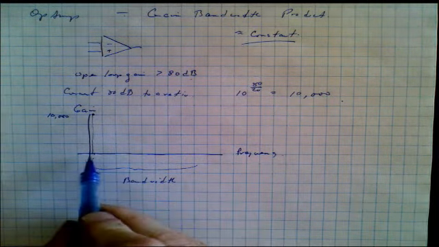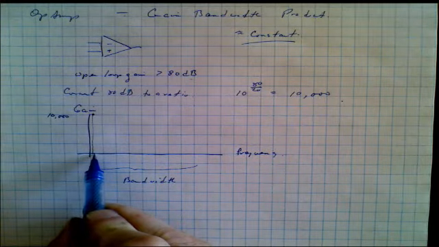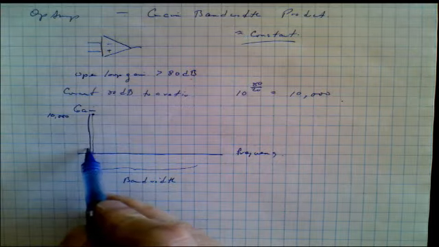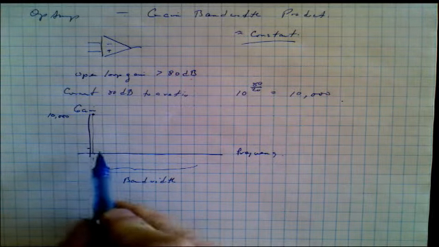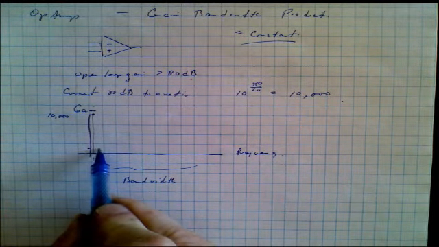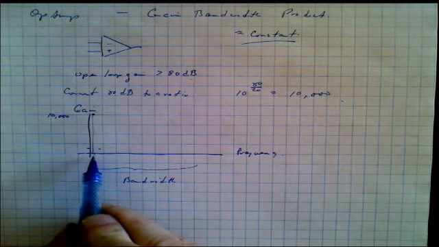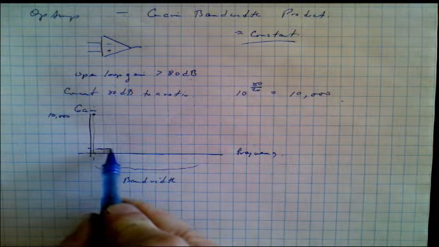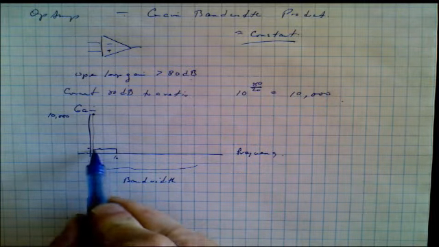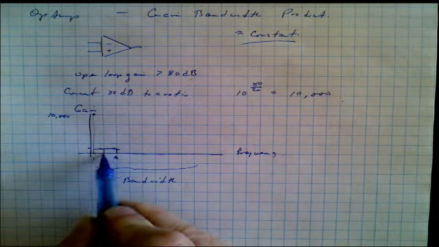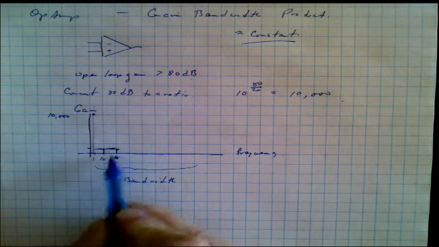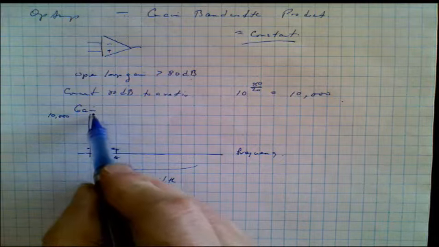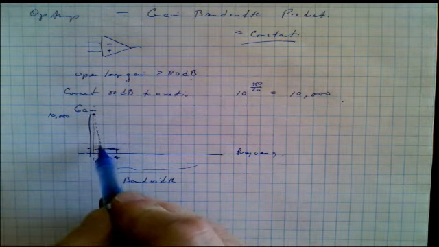So if we drop this to a gain of 1,000, so about 1/10 of that, someplace around, let's say here, we would have a usable frequency of about 10. So let's say it's right here, 10 hertz.